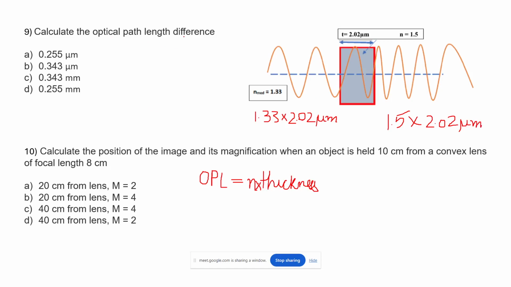So we have to find the difference between these two, so we'll just subtract these two values. We can take 2.02 common, and then subtract 1.33 from 1.5.